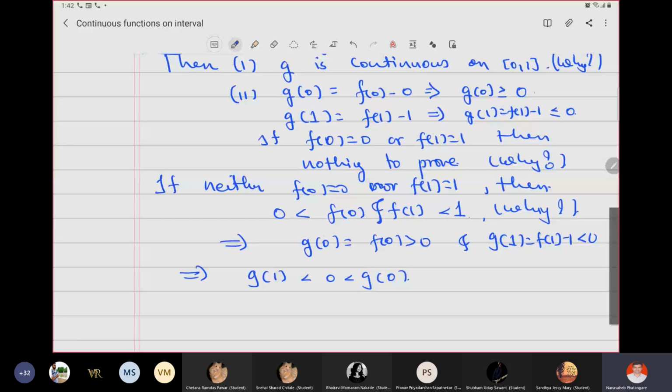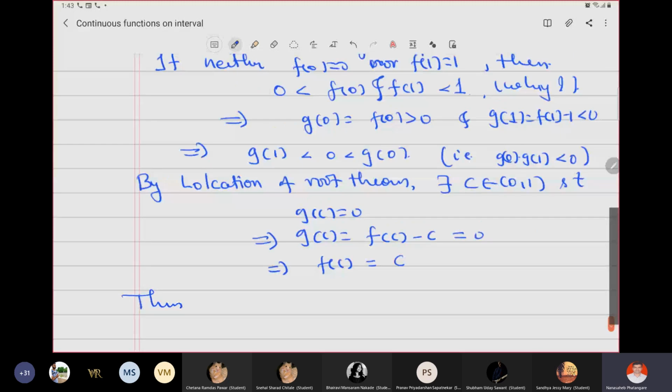But what is g of c? What is g of x? f of c minus c. So f of c minus c is 0, which means f of c is equal to c. Thus, there exists c between 0 and 1 such that f of c is equal to c.